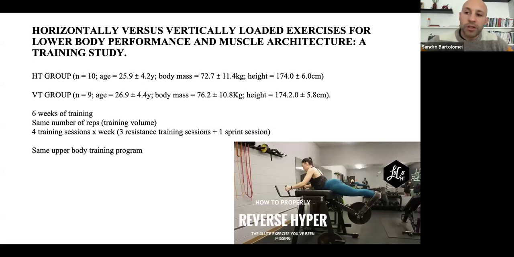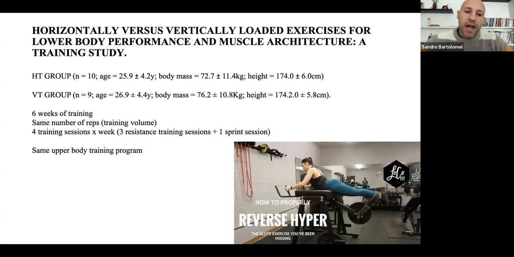For example, the load lifted during the hip thrust was more elevated compared to the load lifted in squat, because in hip thrust you can easily lift 200 kilos. I was doing reps at 260 kilos, so you can quickly increase the load that you use.